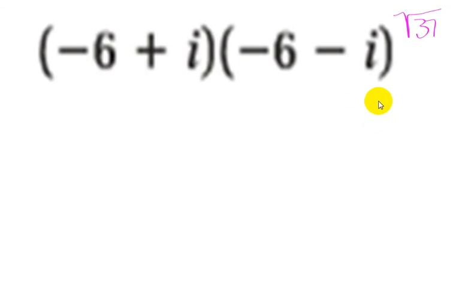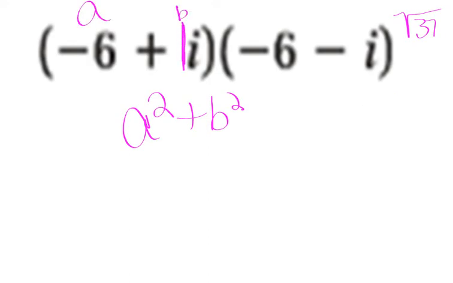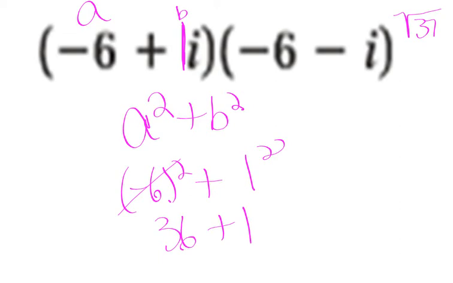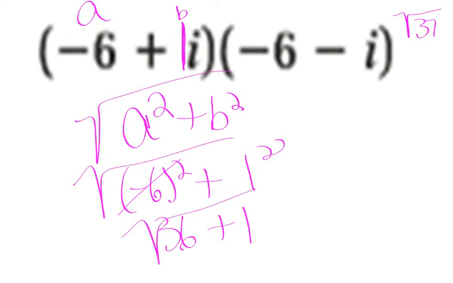We say if you multiply the complex conjugate, your rule is just going to be what? a squared plus b squared. So let's do it. a is negative 6, and b is understood to be 1, right? So it's going to be a squared, negative 6 squared, plus 1 squared. Well, that's going to be 36 plus 1, which is 37.